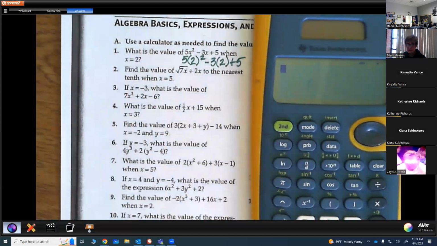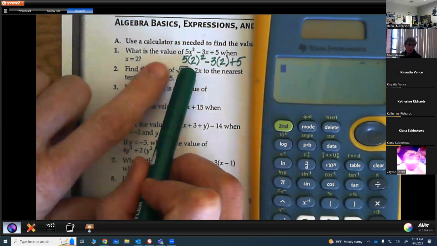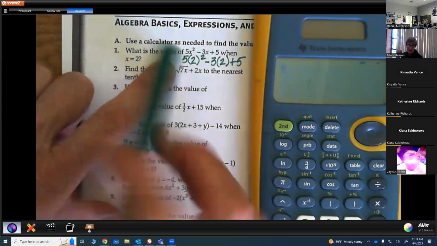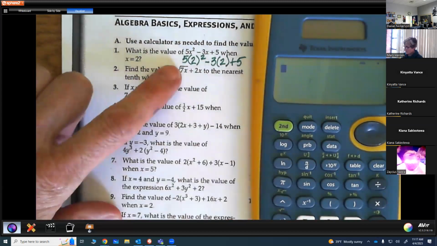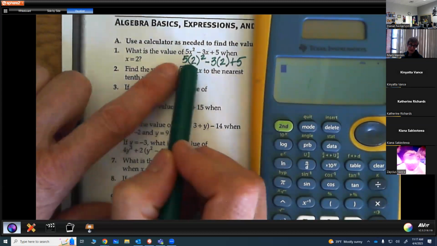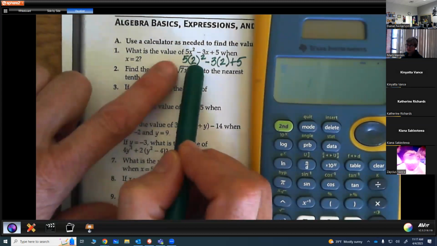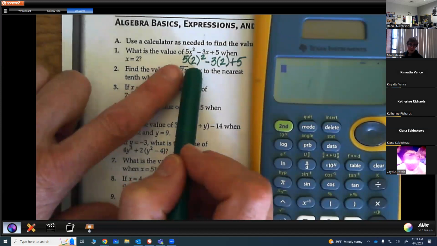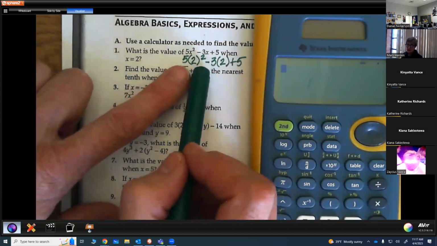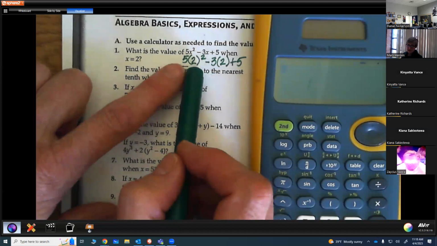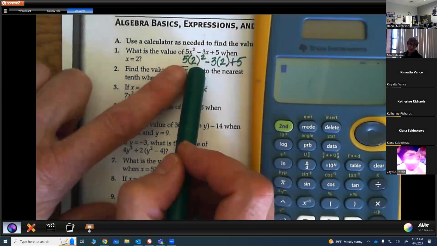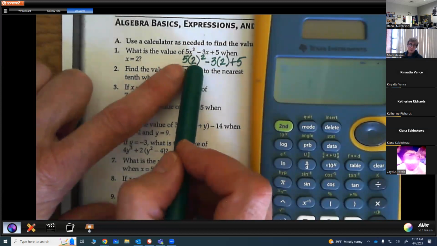How do you know when to put the parentheses in? Okay, you could have written this as 5 and then a dot 2. I put the parentheses to indicate to myself that this has to be multiplication. The fact that it's being squared is always a good reason to put parentheses, because if this 2 were negative, it would have to have parentheses.